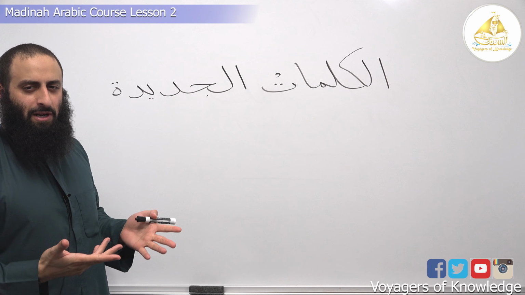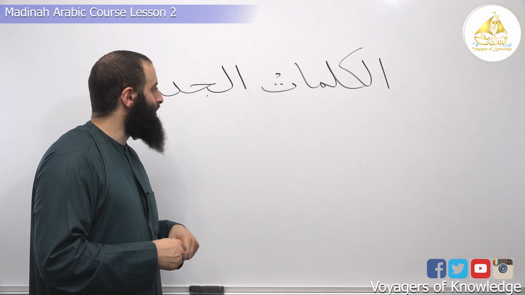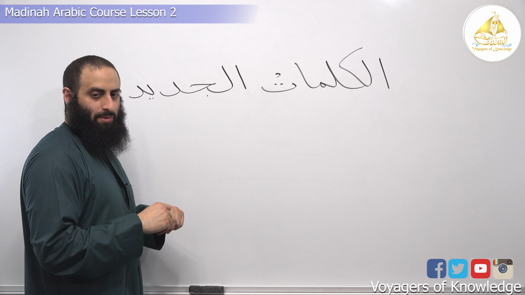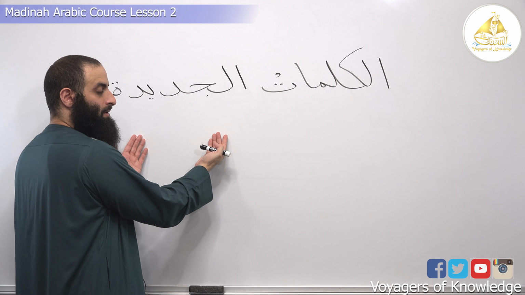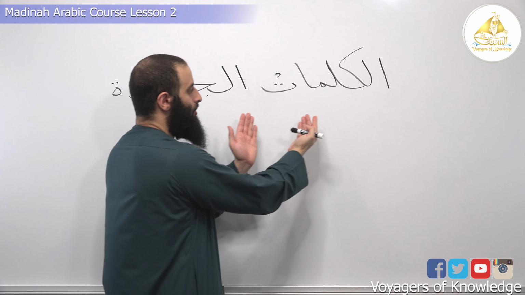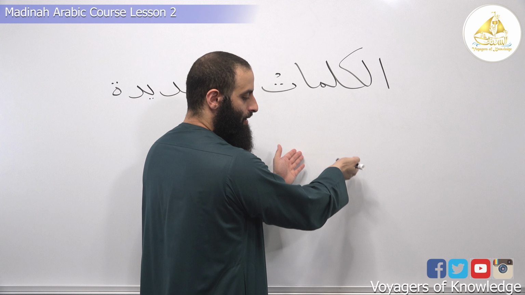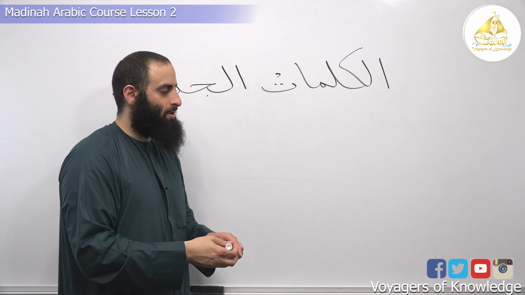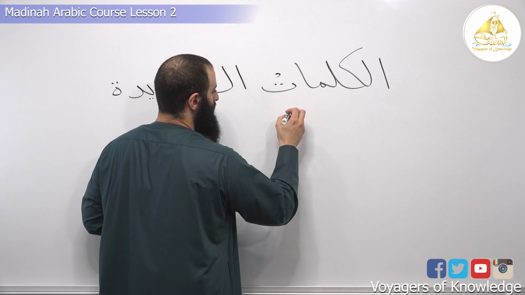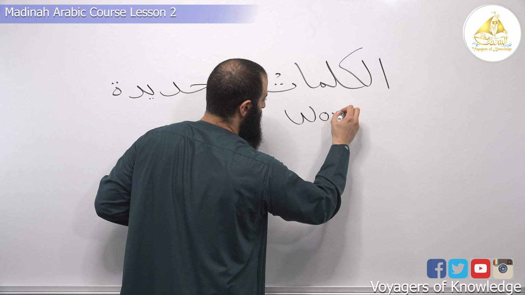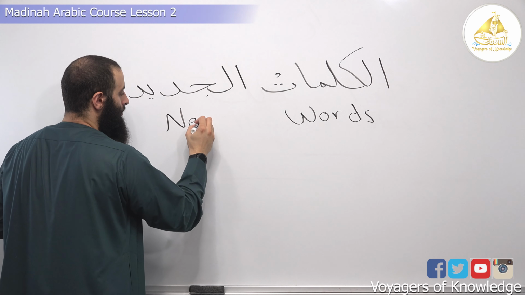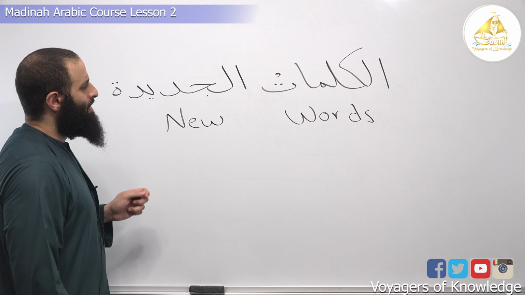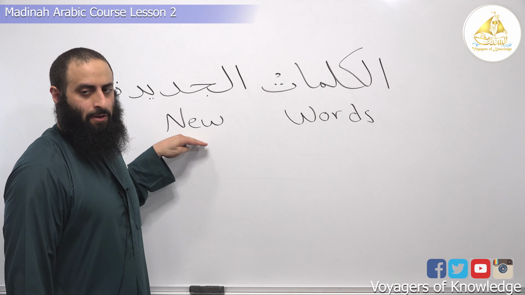In the Arabic language, and we'll take it once we get to it, when you describe something, the description comes second, whereas the thing that you're describing comes first. So this is words, and this is new. We read from right to left.